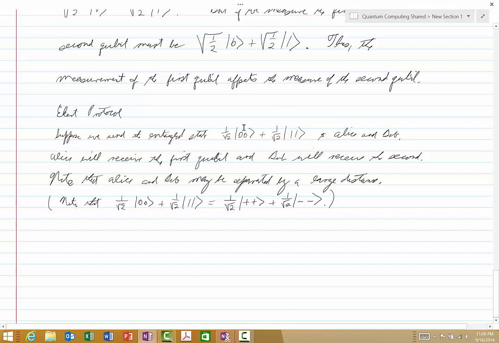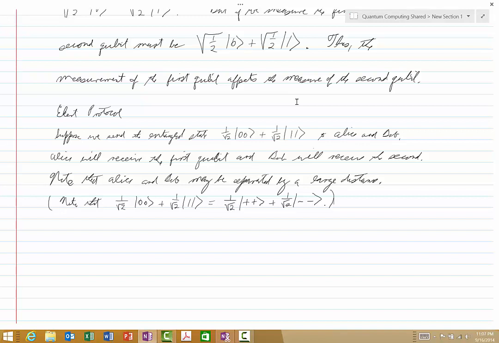And Alice measuring the first qubit, Bob measuring the second qubit. And then after they've done the measurement, they can discuss publicly what measurement bases they used for each case. And they will know when they use the same measurement basis, they will know for sure that they arrived at the same number, the same bit.